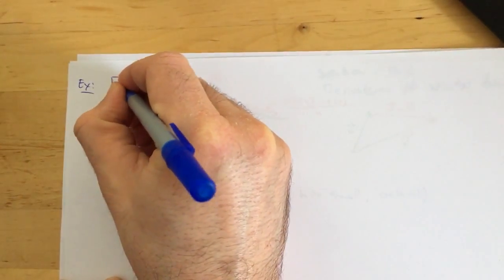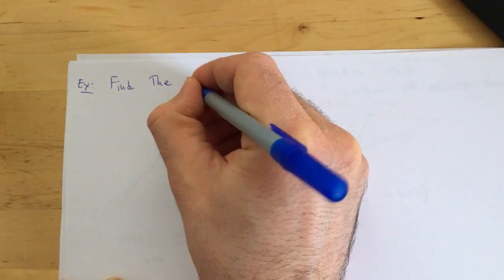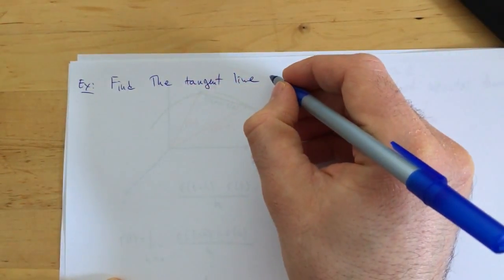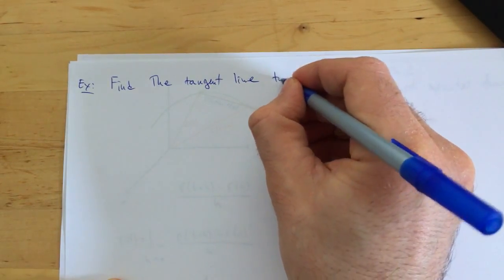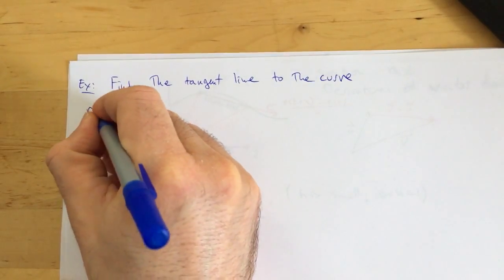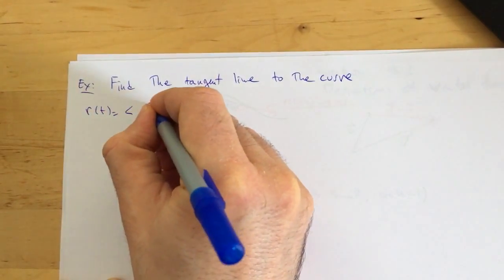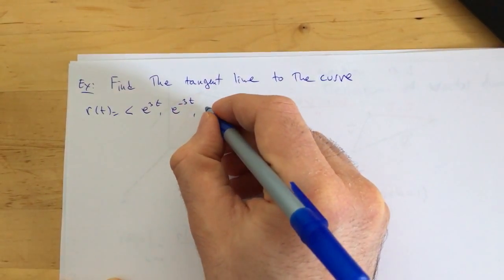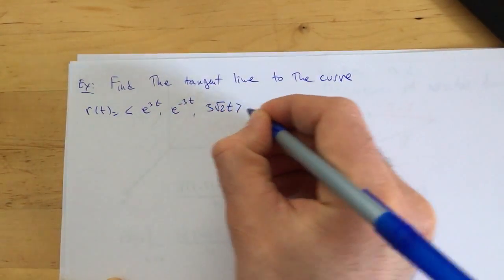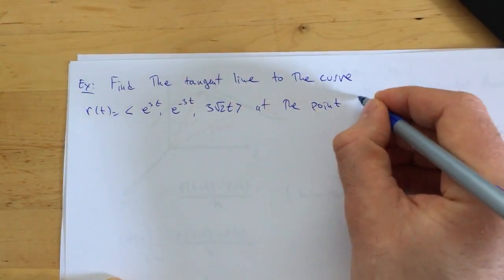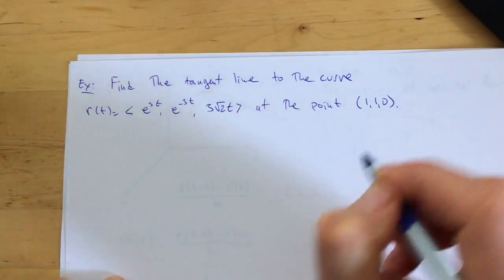Example: find the tangent line to the curve r of t is equal to (e^(3t), e^(-3t), 3 times square root of 2t) at the point (1, 1, 0).